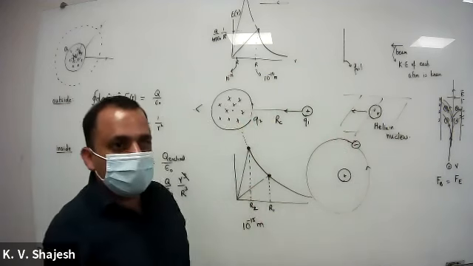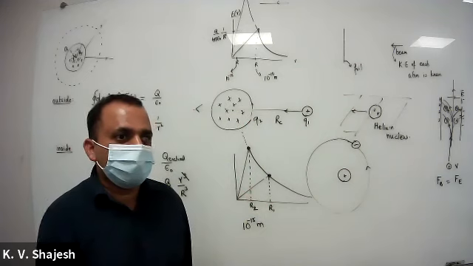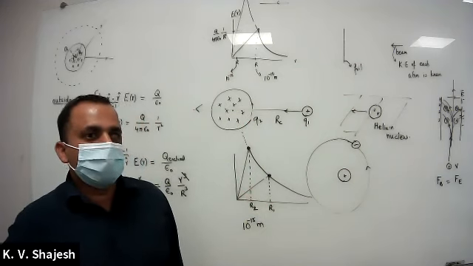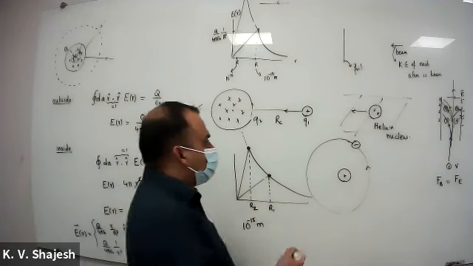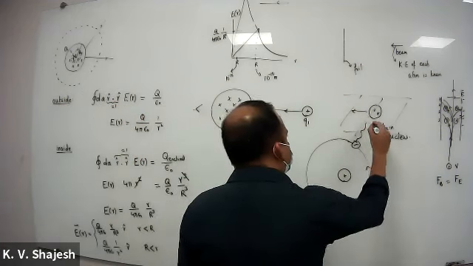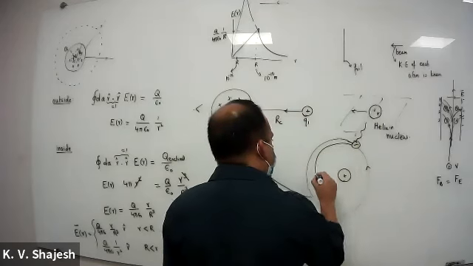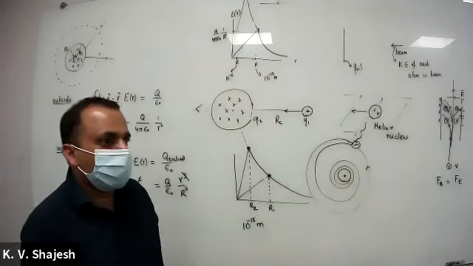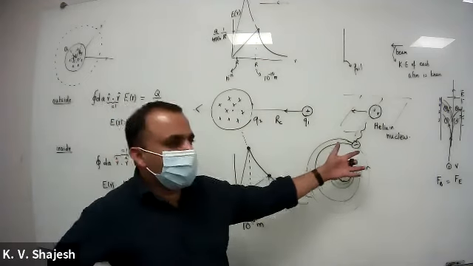An accelerating charge has to radiate. All accelerating charges radiate energy. That means if it radiates energy, it will lose energy, so this should collapse. So that's not a stable atom.